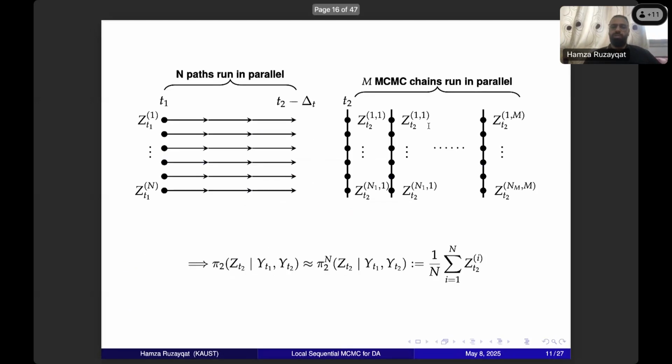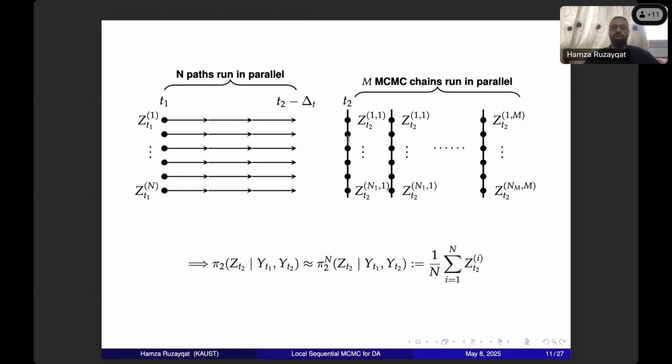And at time t2, I'm going to do the same. I'm going to run M chains of MCMC and finally stack all of them together in one vector and then get the mean of the filter to be the mean of these samples.